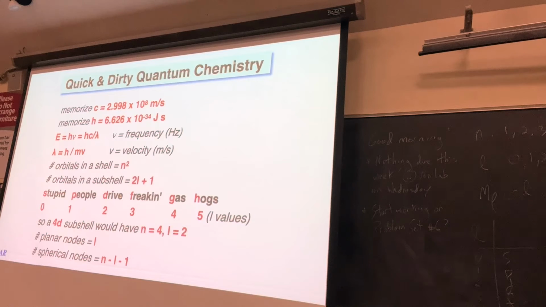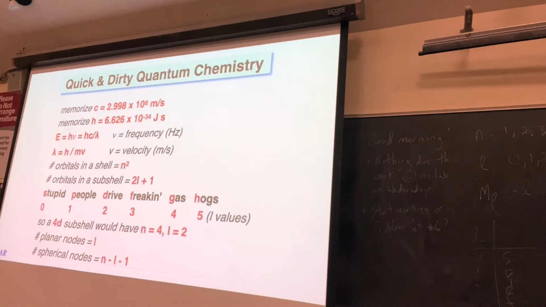Planar nodes are just equal to L. So if you have a 4d subshell, d means L equals 2, it would have 2 planar nodes, all right? On the other hand, if you had a 4p, then p has L equals 1, there would be 1 planar node.